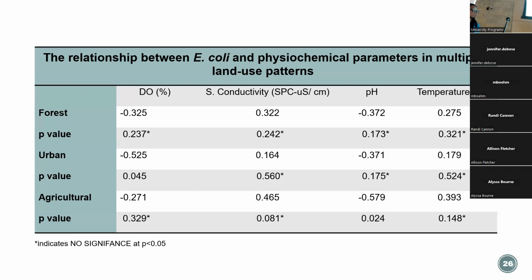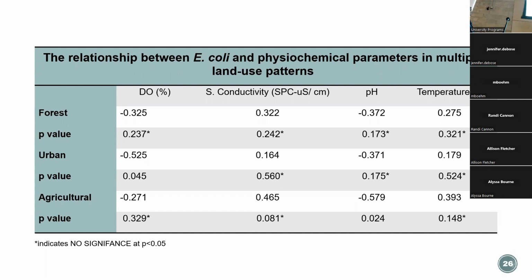So here we see that with the dissolved oxygen and pH, all the relationships are negative. So basically the pH and the dissolved oxygen don't really have an effect on the E. coli levels. And then looking at these relationships, although negative, in the urban land use area, this is the only one that is of significance. And then in the pH, the agricultural system is the only one that is of significance. So a high variation in those numbers.